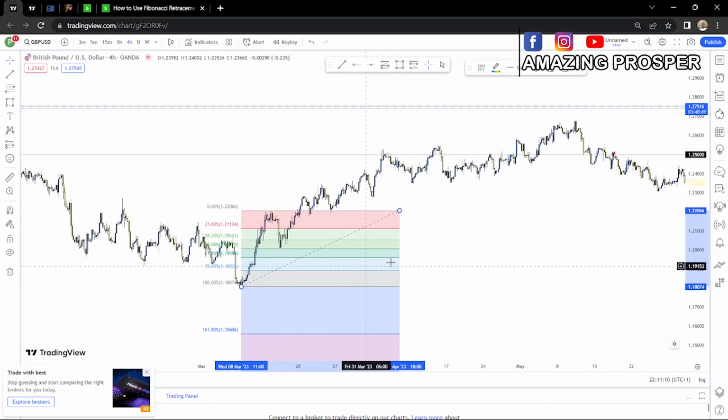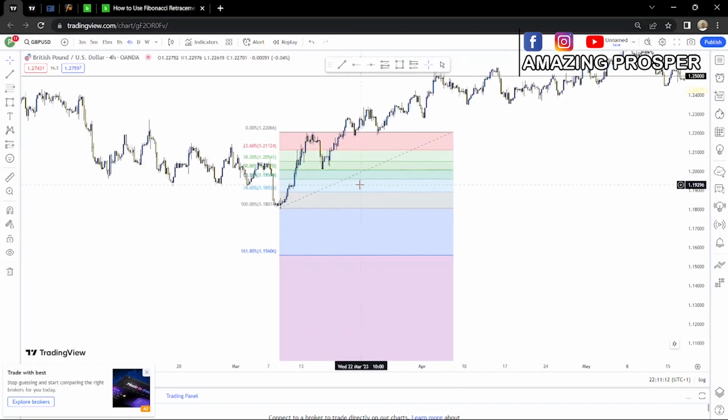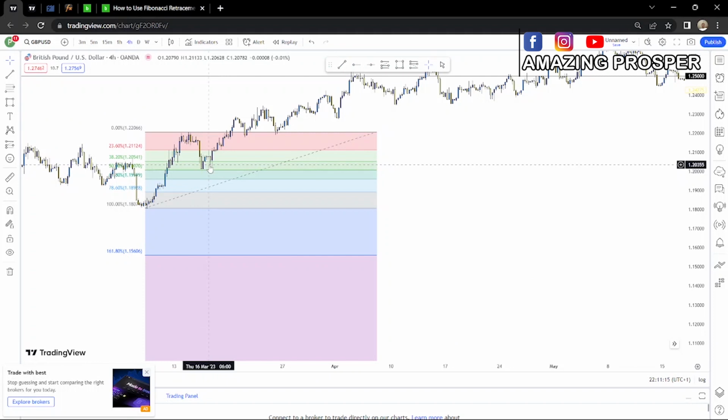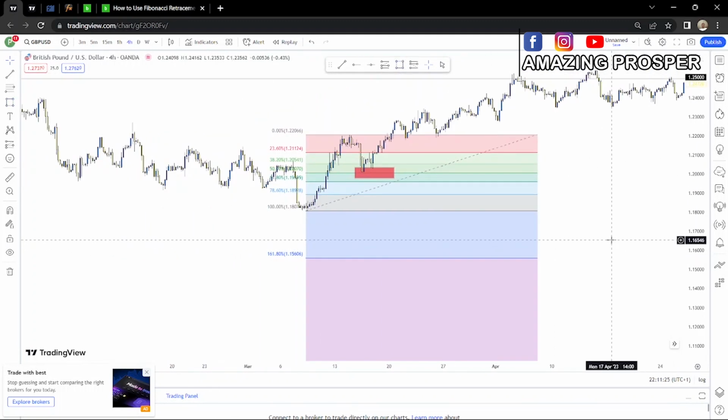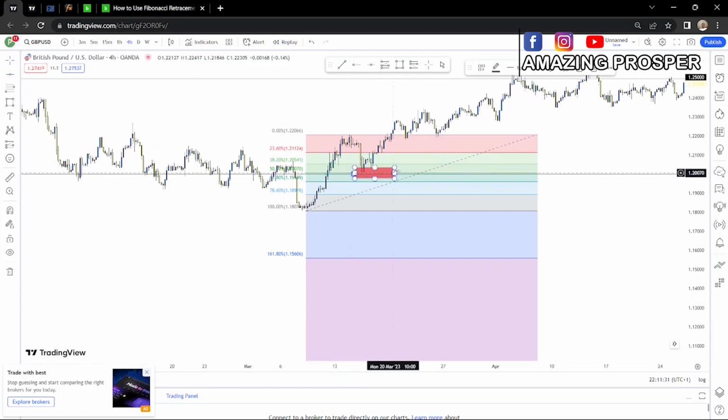But you can see in this case where the market reached 50.0. We can equally say that this is 50.0, but remember that this is a zone, not actually a straight line. People just put a horizontal line at the 50.0.